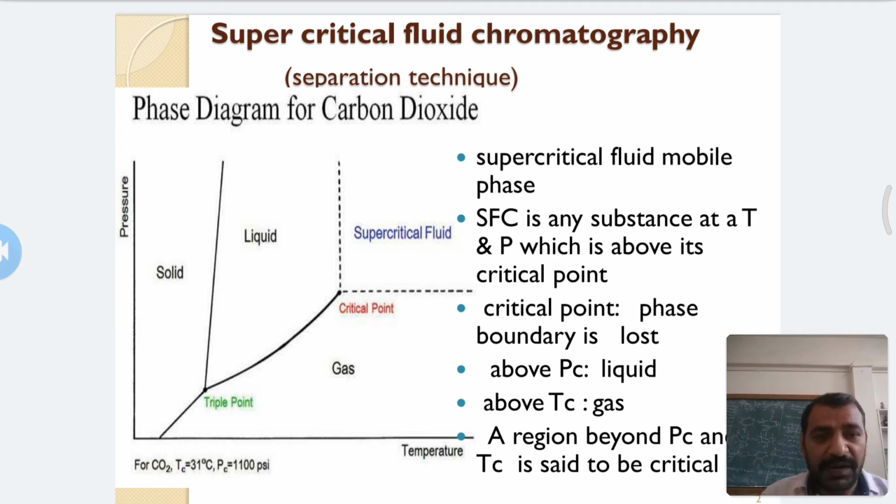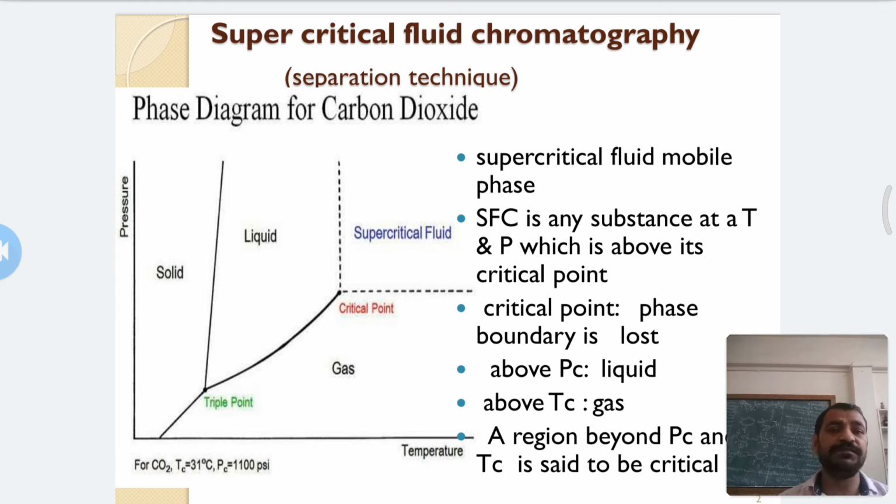In this figure, matter is present in different states: gas, liquid, and solid. These three phases combine at a particular point, that is the triple point. At the triple point all phases are in equilibrium, and the matter may be solid, liquid, and gas at the same time.